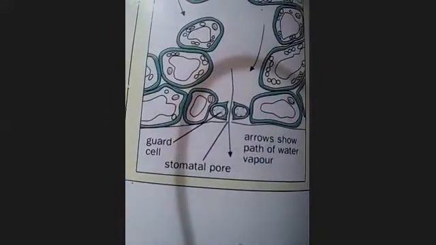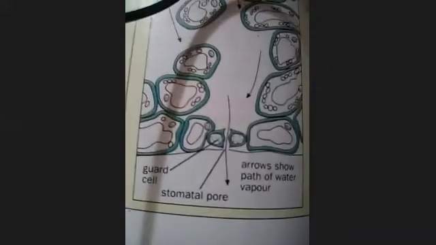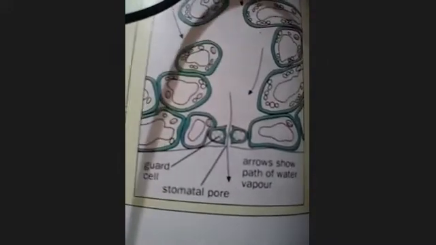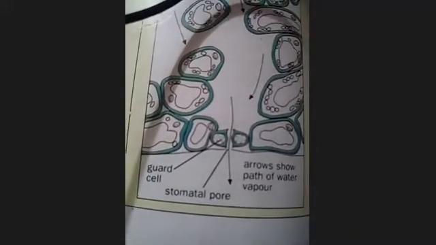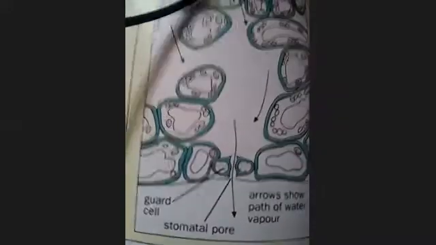Now, how does the carbon dioxide enter inside the leaf? It enters through the stomata. You can see the entry of the carbon dioxide through stomata into the intercellular spaces of the spongy mesophyll cells. So what happens during the daytime?